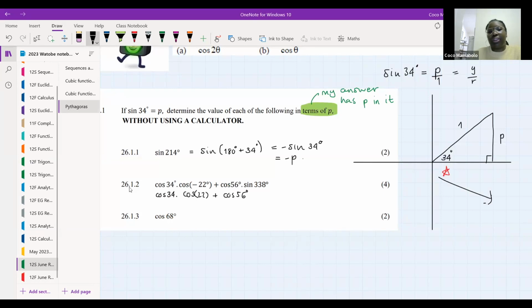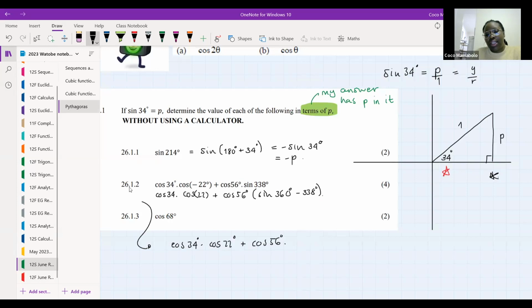Now, sine of 338 is going to fall into the 4th quadrant, and it will reduce into sine of 360 degrees minus 338. So I'm going to end up with cos of 34 times cos of 22 plus cos of 56 times minus sine of 22, sorry.